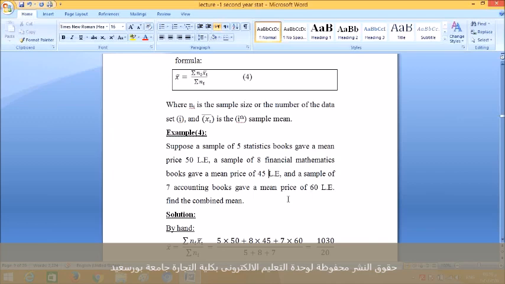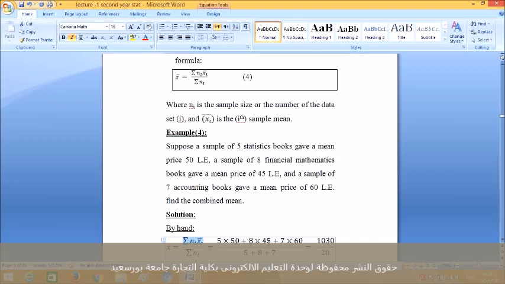Now to compute the combined mean by hand, use x bar equals sigma ni multiplied by x bar i divided by the size of all samples, I mean sigma ni. So the first price is 50 and the number of books is 5.